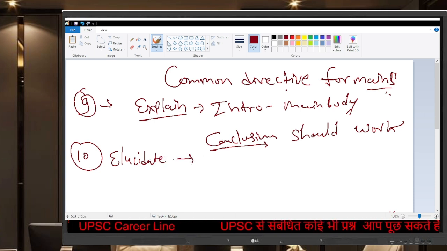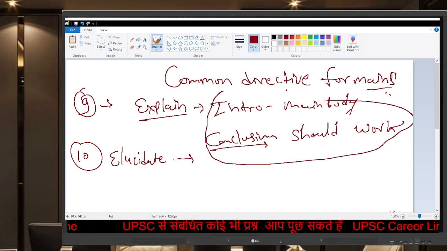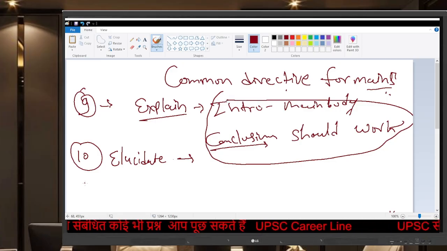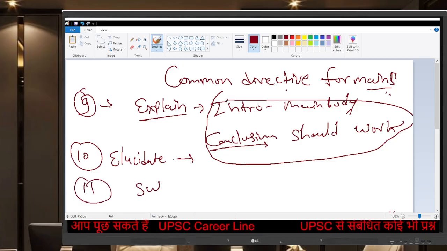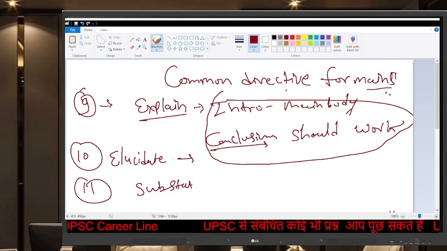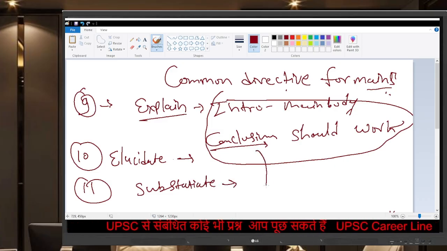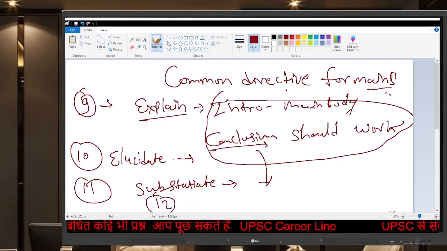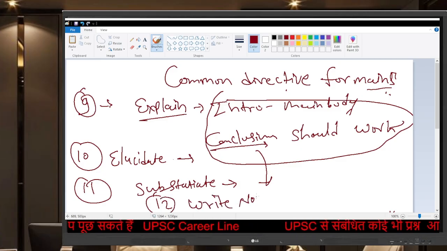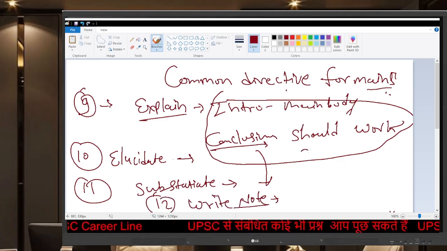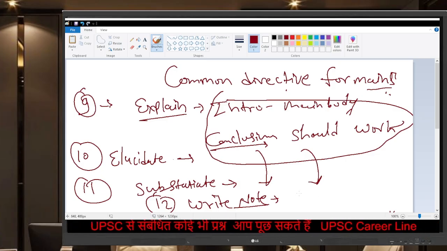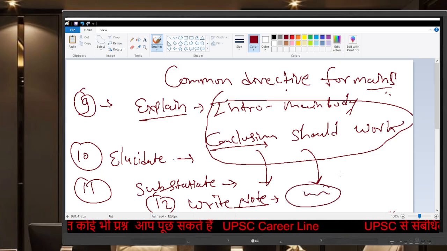Same as above: introduction, main body, conclusion should work. And the 11th is substantiate. You can write the same. And the 12th is write a note. Same as above: introduction, main body, conclusion. This important section has been completed here.